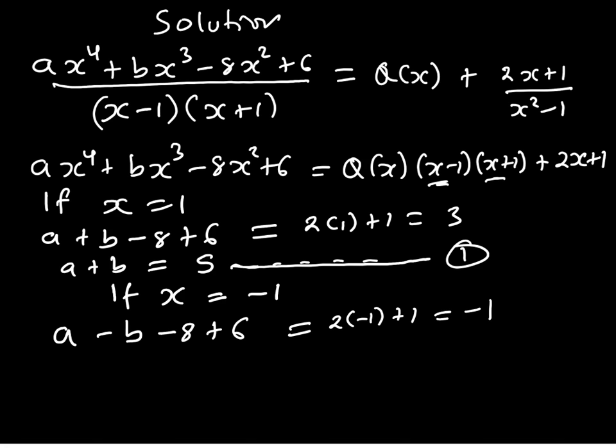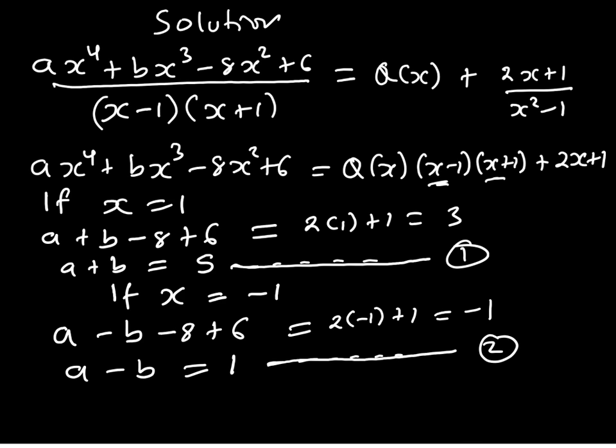Here you get negative 1. So a minus b will be equal to negative 2, and when it crosses to the other side it will be a positive 2, so you have a 1. We call this equation 2.